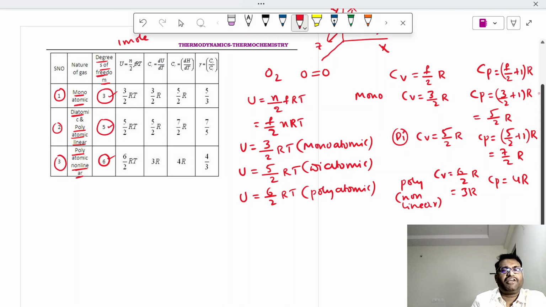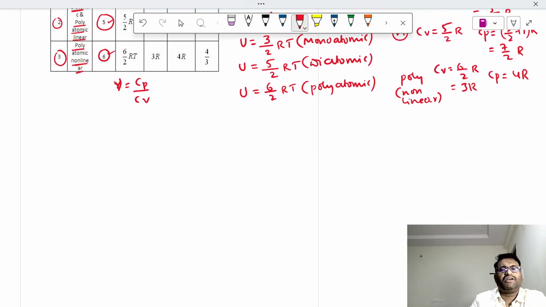And we studied that gamma is equal to Cp by Cv. For monoatomic gas, gamma is 5 by 2 R by 3 by 2 R, which is 5 by 3, equal to 1.66.